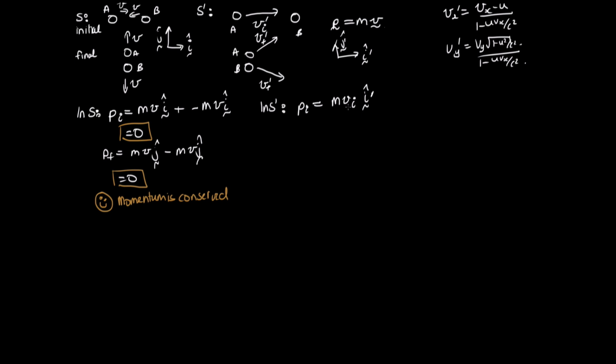Now what we can do is write vi prime in terms of the velocity back in this frame here. To do that, we'll need to use this equation here.